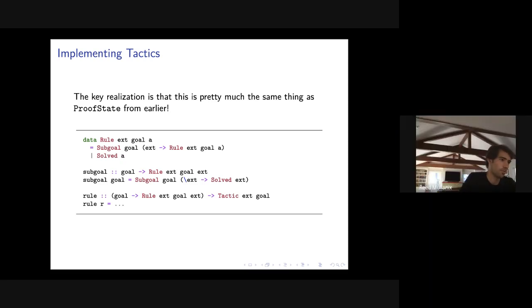And then rule basically just realizes that this data type here, which inside of the actual implementation is a newtype over proof state, is basically just proof state and turns it into a tactic. So this last little piece is how we actually write the primitive atomic tactics as opposed to the bigger combinatory tactics.